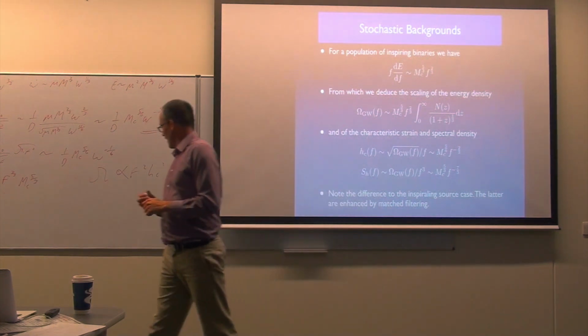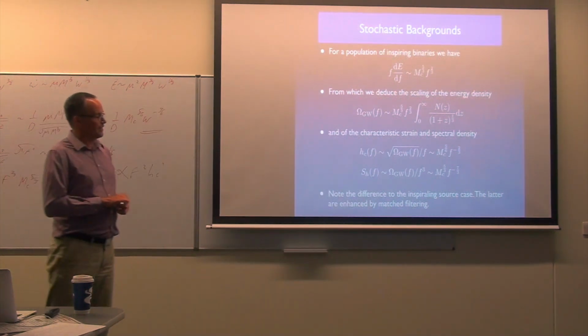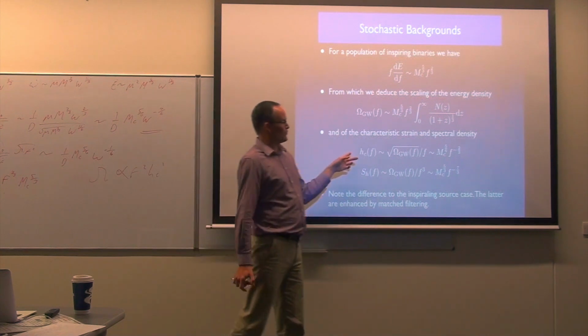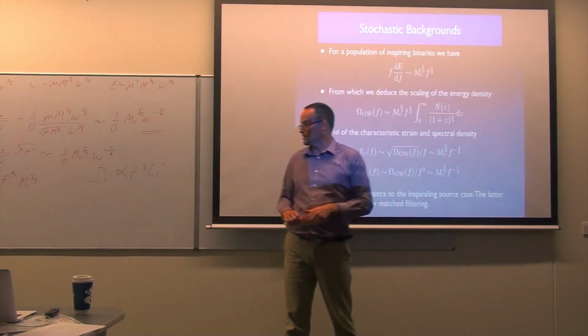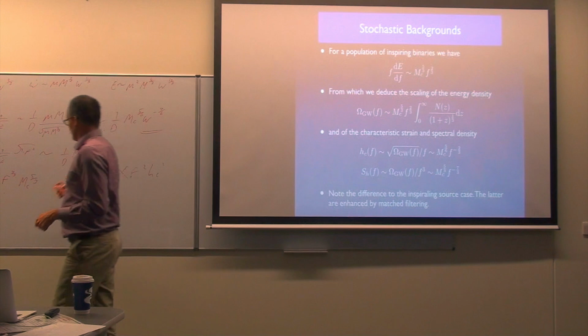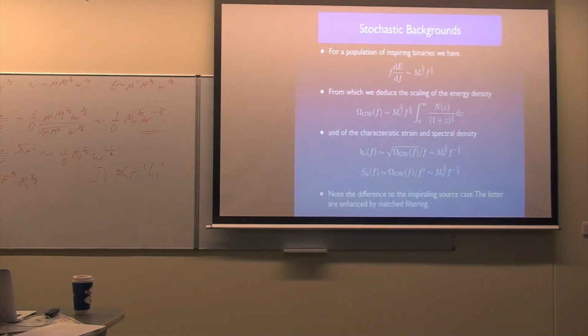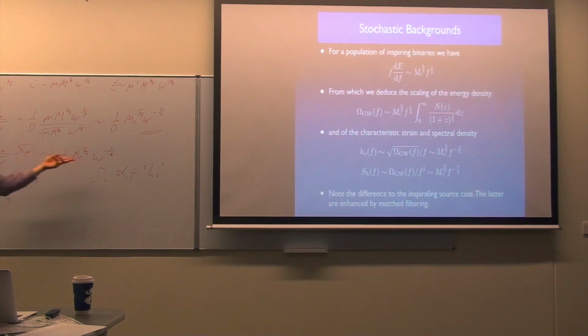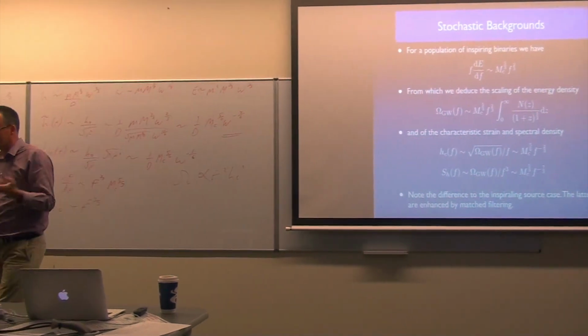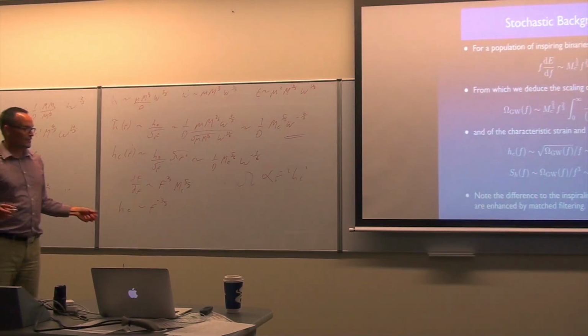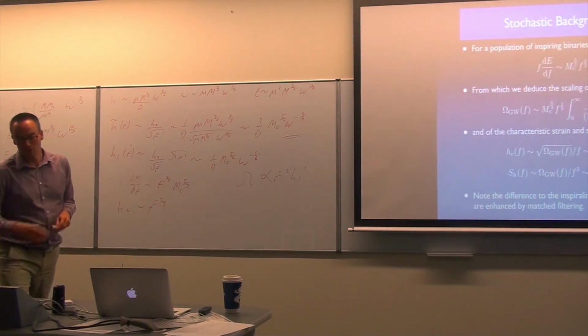Now, you'll notice that we've got a characteristic strain here that scales like f to the minus 2 thirds for a background of inspiraling binaries. And yet for an individual inspiraling binary, we have f to the minus 1/6. Okay? So these are different. And they're different by a factor of the square root of f.